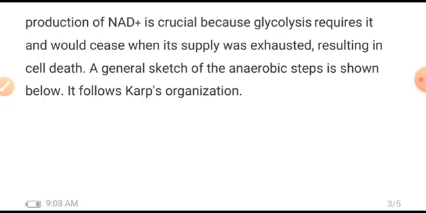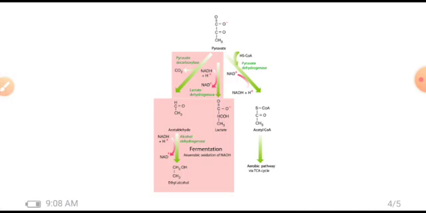That's why NAD plus is important in the process of glycolysis: it is required, so it must be resupplied. When NADH cannot be converted back to NAD plus, the result is cell death. A general sketch for the anaerobic steps is shown below. It follows the Krebs organization. This is the process.